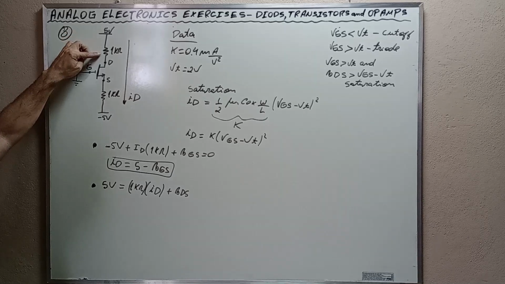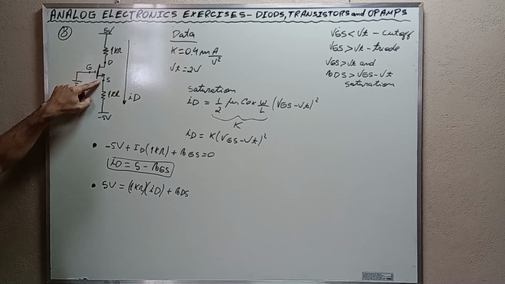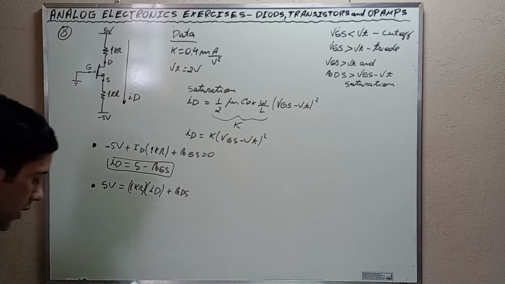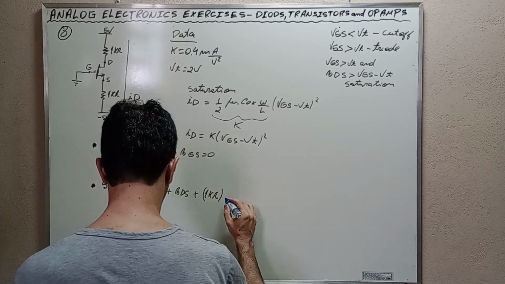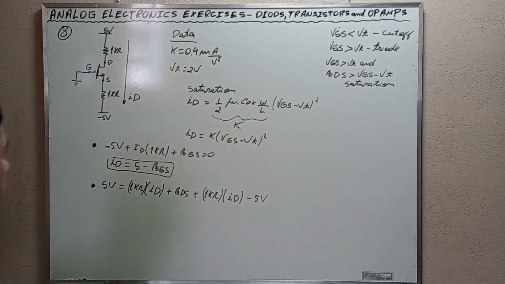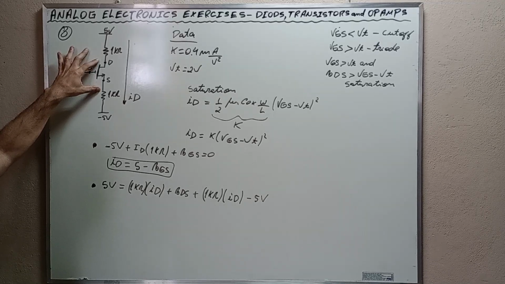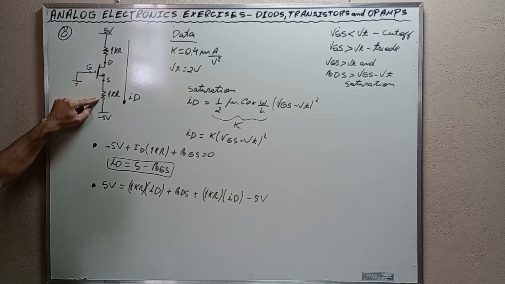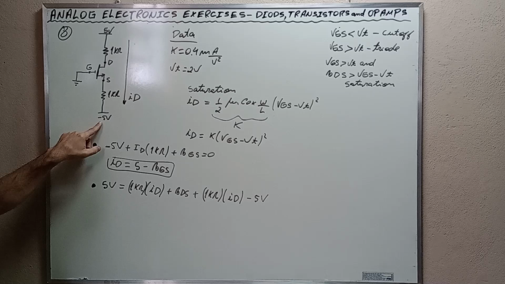5 volts is equal to this voltage drop across the 1 kilo ohm resistor, plus VDS, which is the voltage from drain to source, plus the voltage drop across this 1 kilo ohm resistor, plus this negative 5 volts.